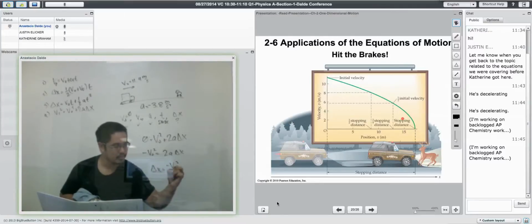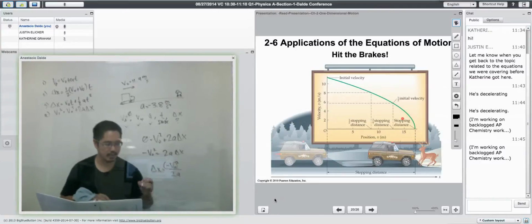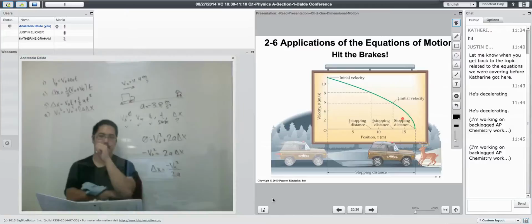over 2a. Now keep in mind that this isn't negative V naught squared. This is negative times V naught squared. So we're not calculating a negative direction, which would mean we were going backwards.